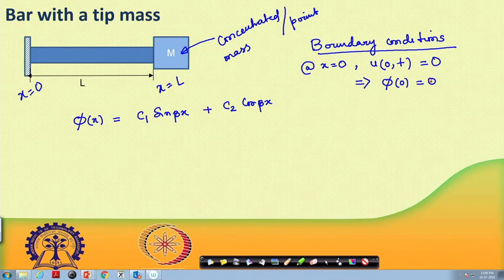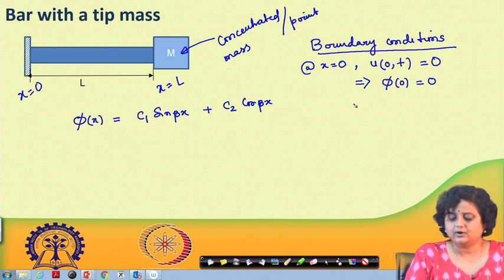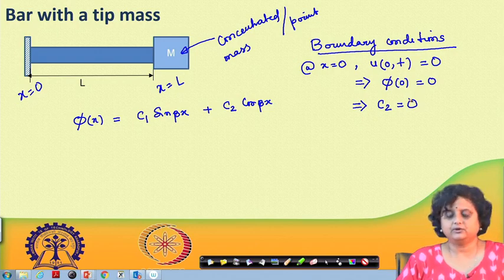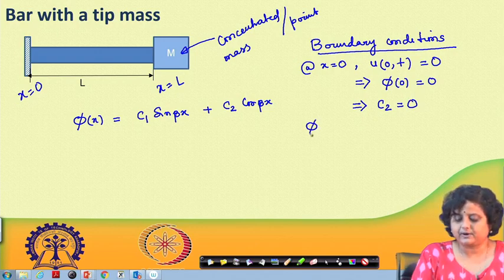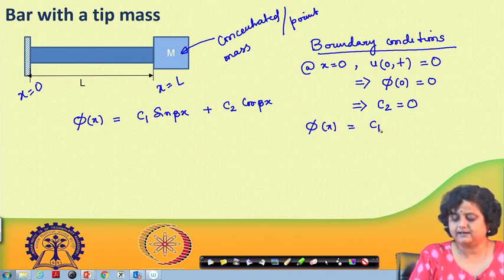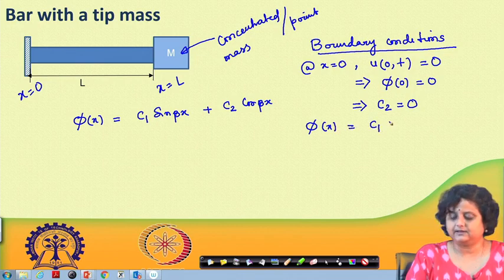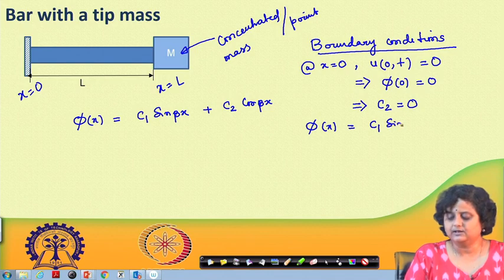So, if phi 0 is equal to 0, from this we will get that C2 is also equal to 0. Now, if C2 is equal to 0, the expression for mode shape is simplified, and I have phi x is equal to C1 sin beta x.